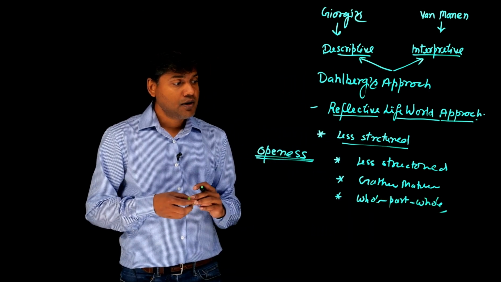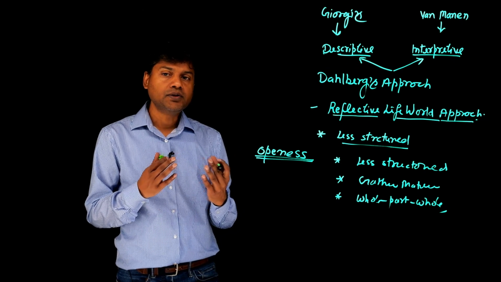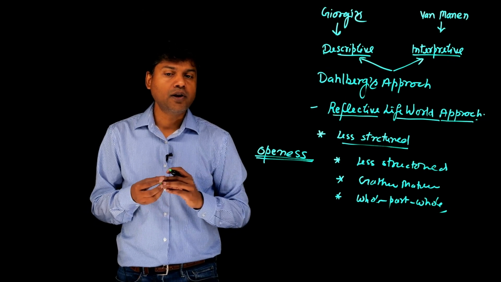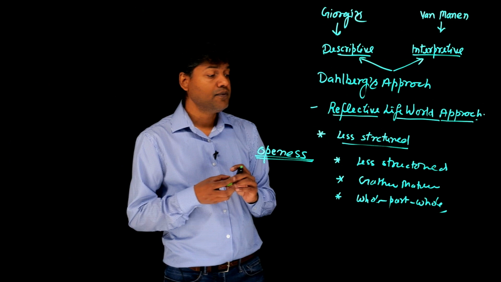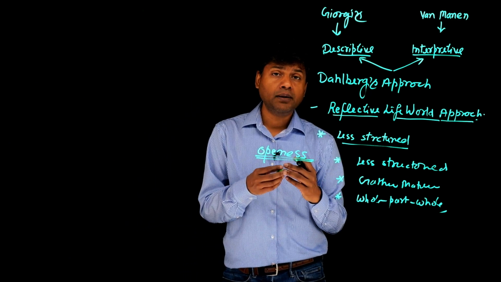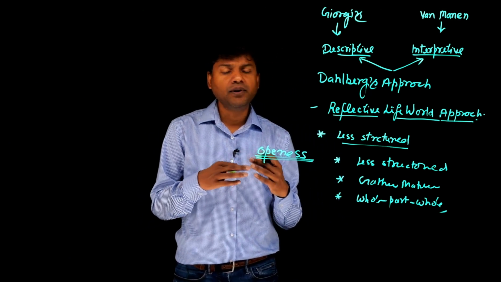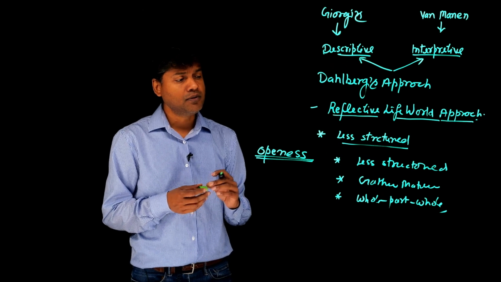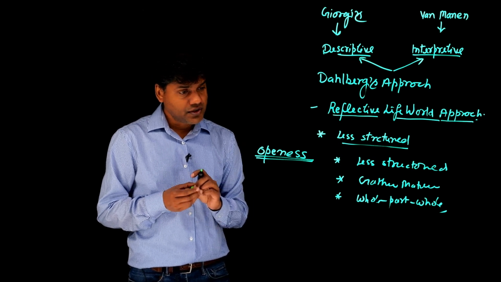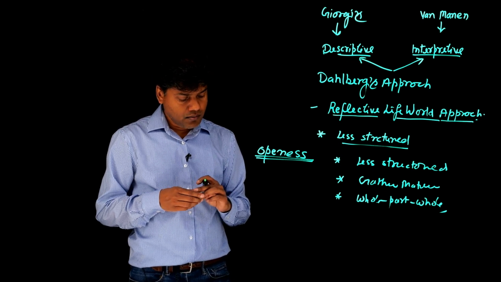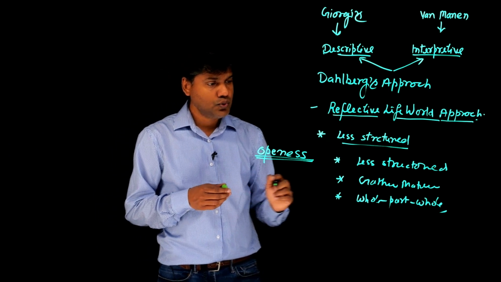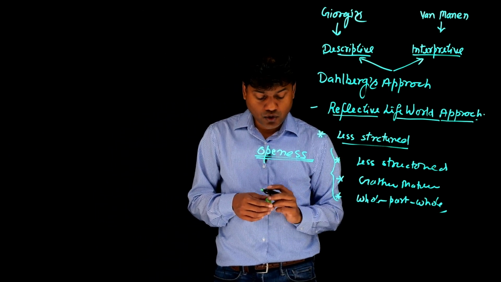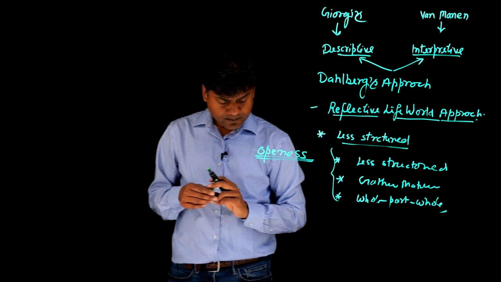They use it, but they are open to trying other ways to understand the phenomenon. So in terms of data, they are open to trying maybe observation or different ways of understanding a phenomenon. Again, the idea is that as a researcher, you are more open to the phenomenon that you are investigating.